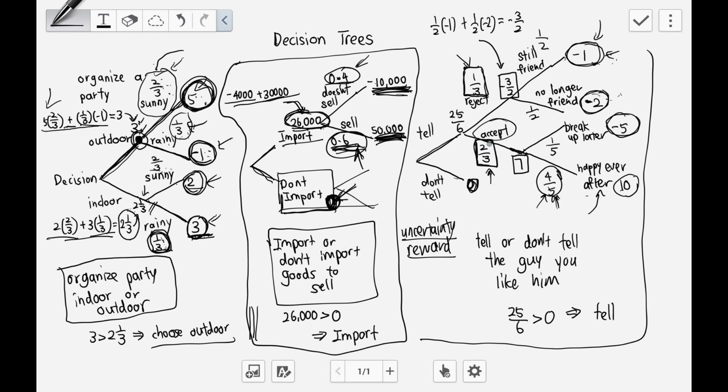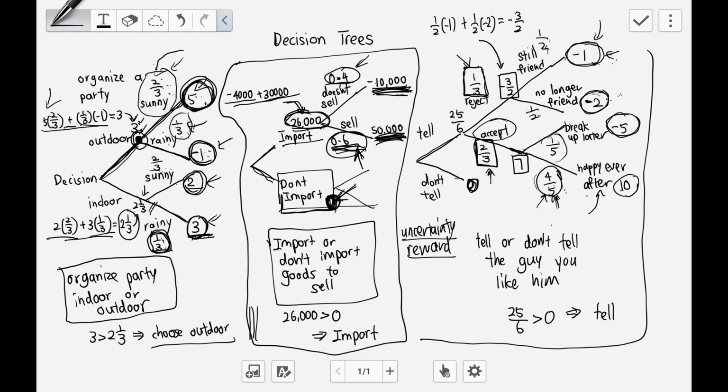Then of course this must add up to 1. There are only two scenarios, so the probabilities should add up to 1. If this is 4/5, then this should be 1/5, unless there's another possibility. If there were three, all 3 probabilities must add up to 1. But now there are only 2, so these 2 probabilities must add up to 1. Similarly here, the 2 probabilities across the branches have to add up to 1.